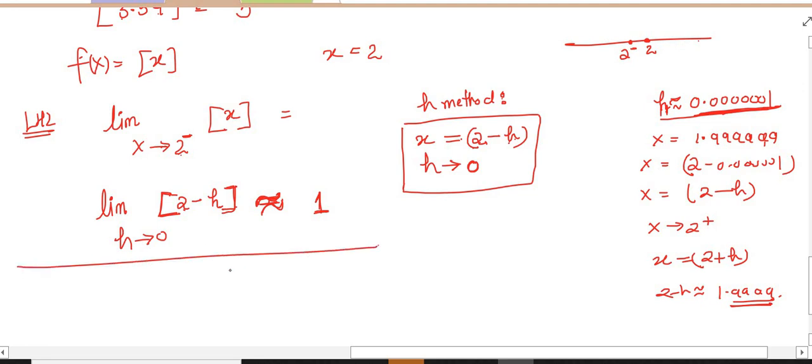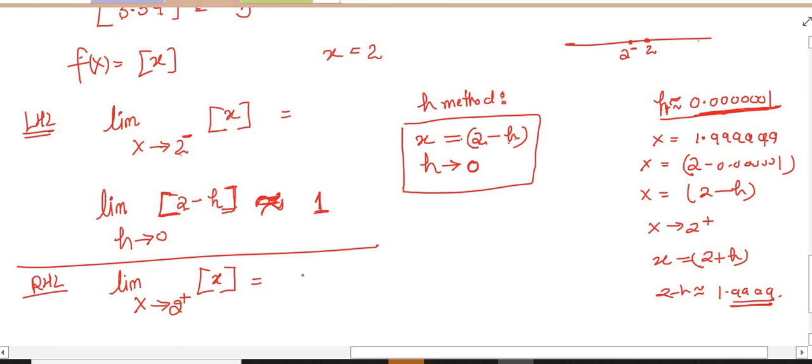We are done here. Now we will see the right hand limit. The limit as x is tending to 2 plus of the greatest integer function of x. To solve the greatest integer function, I will again apply the h method.